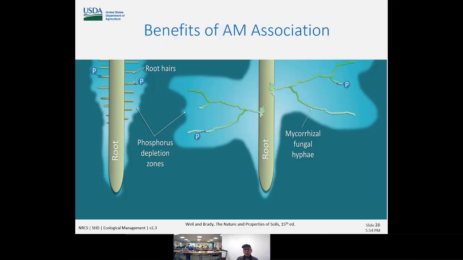So what they do is increase the depletion zone for phosphorus for the plant, whereas the mycorrhiza also receives carbohydrate from the plant. So this is a mutual symbiotic relationship between the plant and the fungus. It's give and take. They're giving nutrients, and not only nutrients, they're also providing water and stabilizing the soil aggregates.